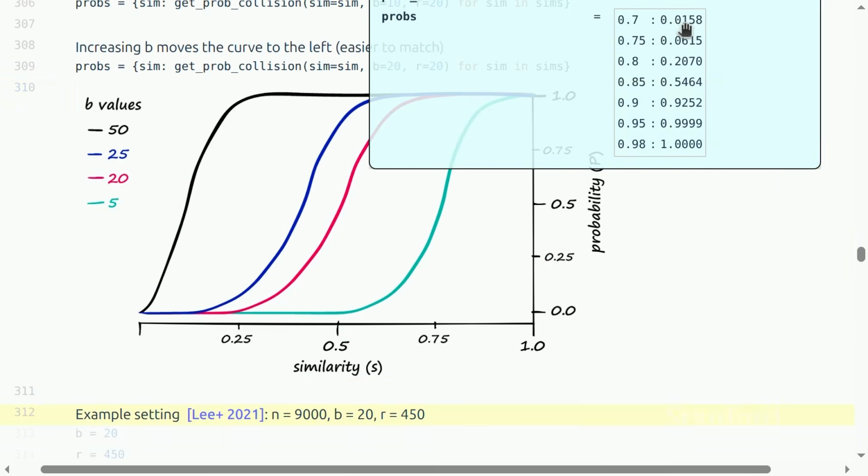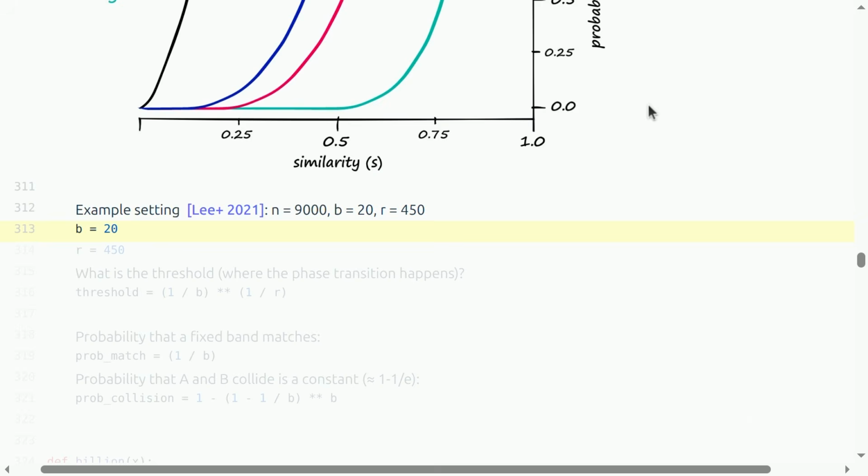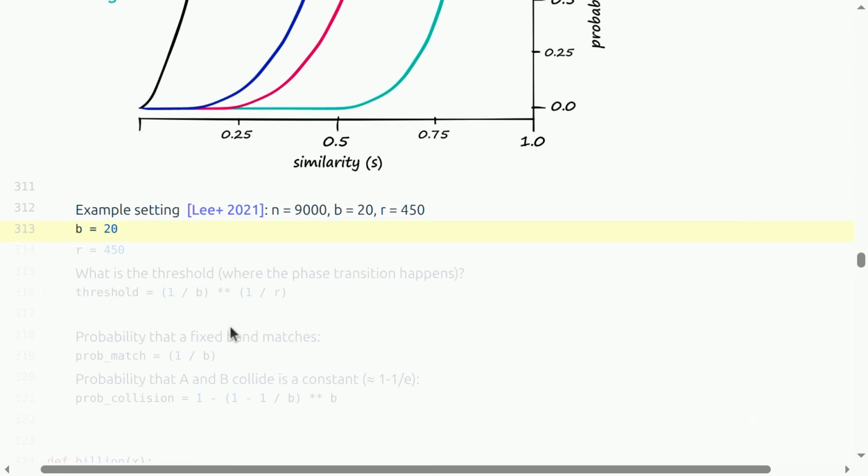But okay, let's look at a more real-world setting. In this paper on deduplication, they had B equal to 20 bands, and R is 450, to give you an idea of the magnitude of these numbers.